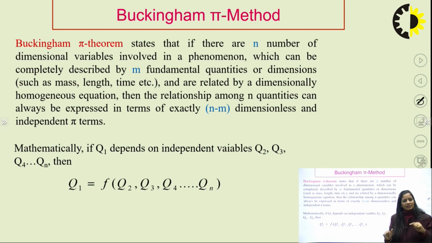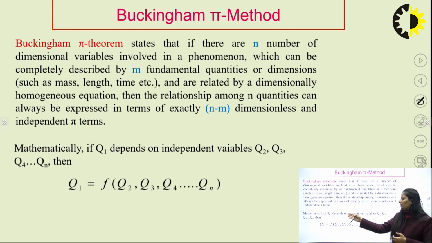So n minus m will be 5 minus 3, which is equal to 2. That means you need to formulate 2 pi terms, pi 1 and pi 2. So you need to formulate that. We are going to discuss it directly in a numerical.